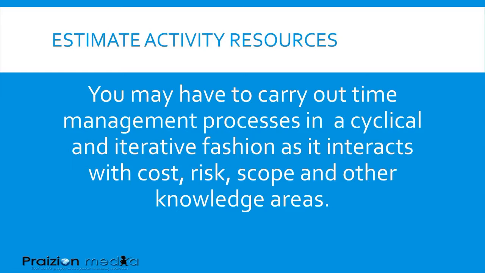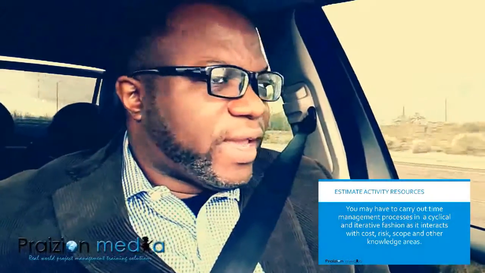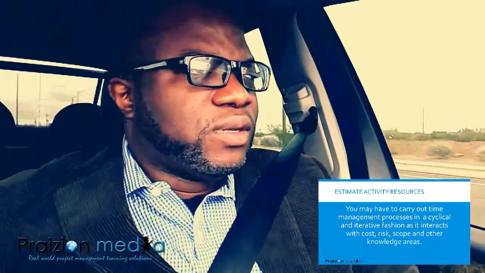So when you think about the resources, think about the resource requirements for the project in terms of the resource type and the resource quantity. We're not just thinking about how many resources, we're also thinking about the type. We could also be thinking about the quality of the resources you're getting. Yeah, you're getting a very cheap resource, but it's going to take longer, so on and so forth.